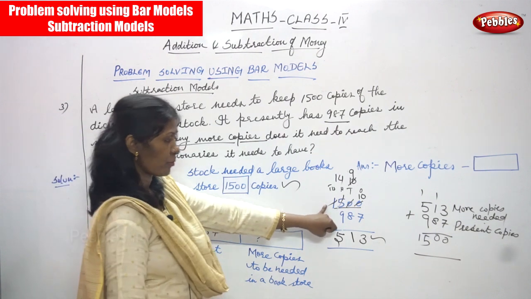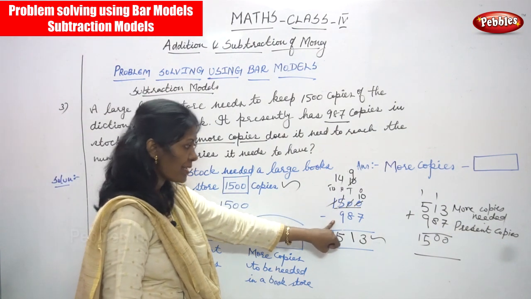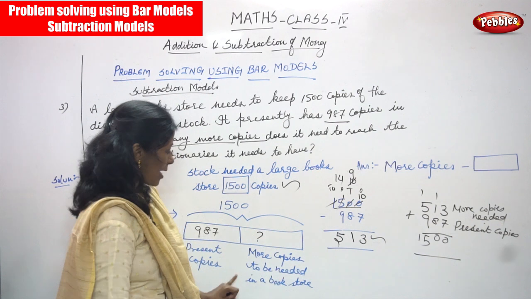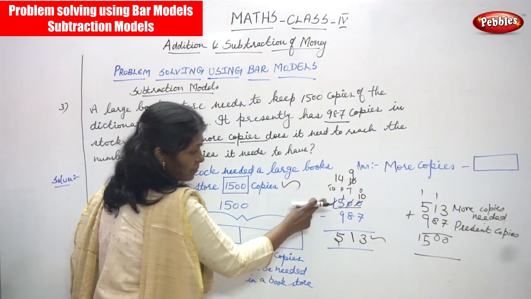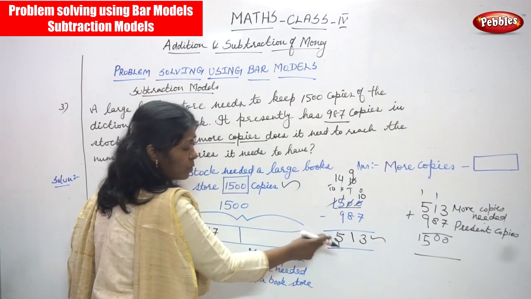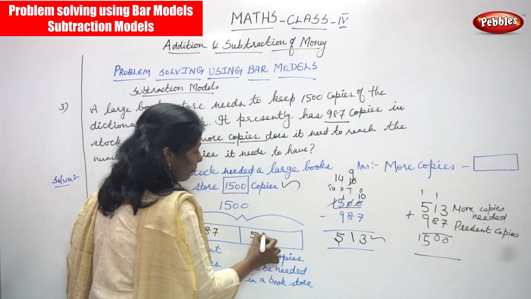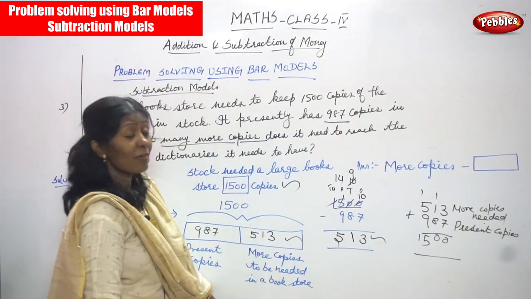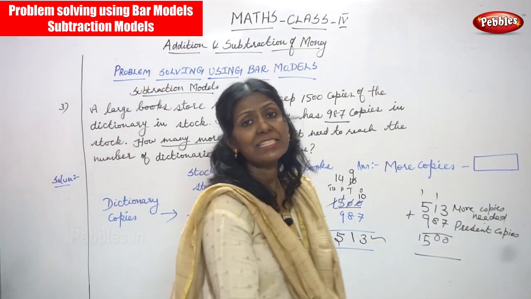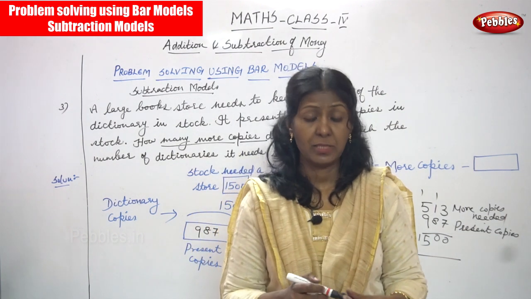So this is total number of copies, this is present copies, and this is more copies needed. So the answer for more copies to be needed in a bookstore, you have to subtract 987 from 1500. You can get this answer, 513. This is the right answer for the question. So 513 copies are needed in a bookstore.